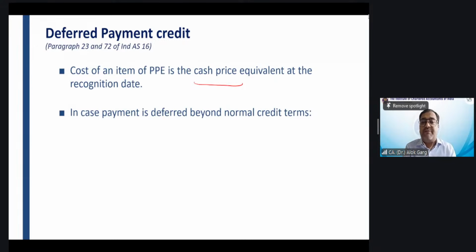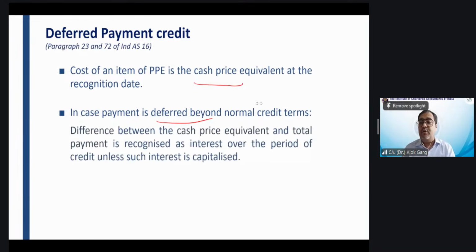If payment is deferred beyond normal credit terms, then the difference between the cash price equivalent, which is 10 lakh, and the consideration actually paid, which is 11 lakh, will be recognized as interest over the period of time.